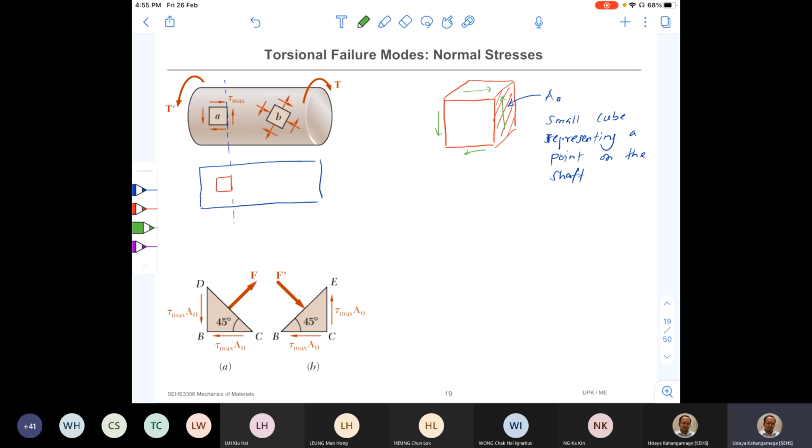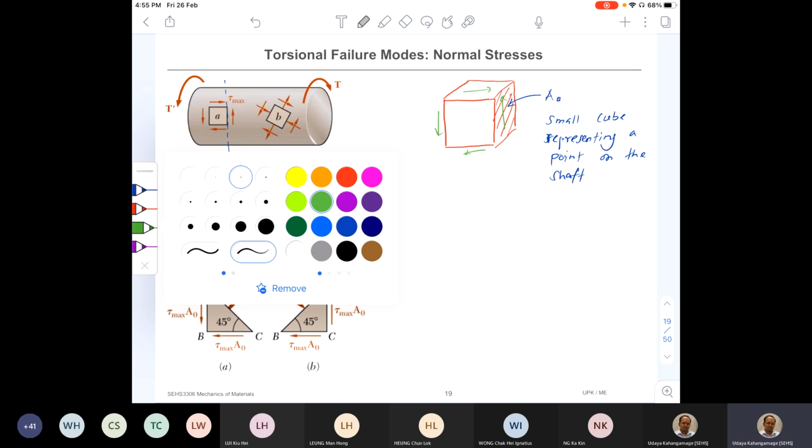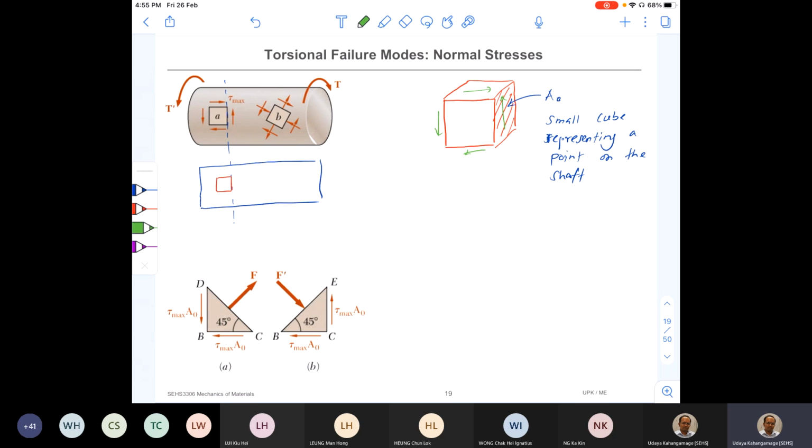So what if I cut this member at a 45-degree angle like this? So that means I'm going to cut the cube at this angle. And then I'm going to take this part out, the cut bottom half, and draw it in here.